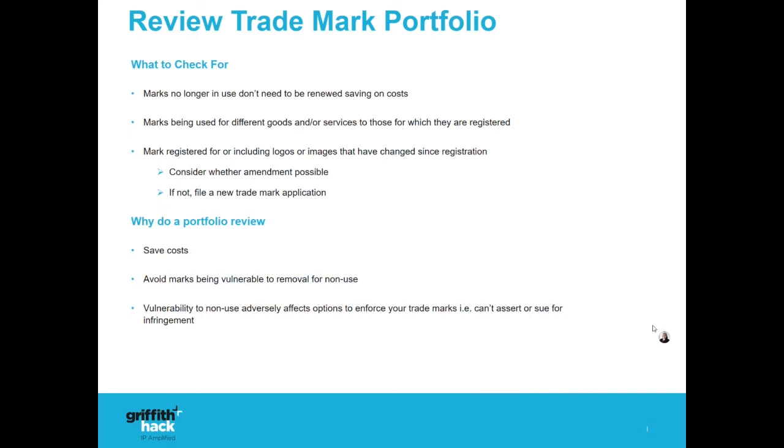And if you've identified some marks that don't need to be renewed, now all of a sudden you've got extra cash to file some new applications to cover marks that are being used but are not registered.